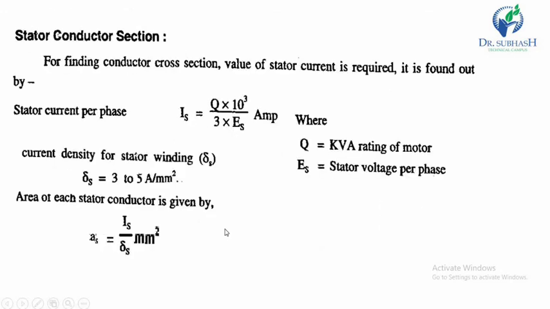Now we see the stator conductor section. Actually the stator conductor section means the cross sectional area of the stator conductor. To find out the cross sectional area we use the current density equation.